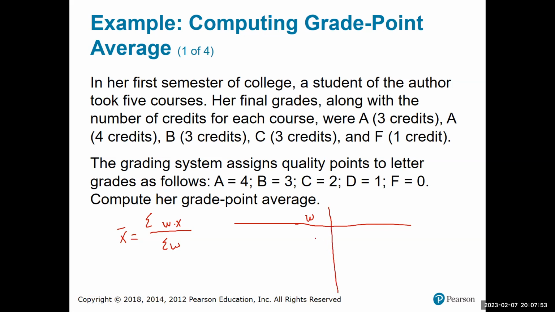All right, so the weights are going to be the number of units. So for this first A, let me write it over here. It's not really part of the problem, right? But we got an A in a 3-unit class. We got an A in a 4-unit class.